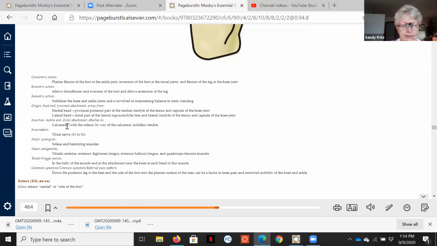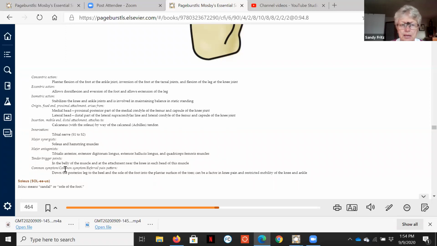So here's where they attach. Here's your innervation. So it takes a similar innervation as the hamstrings. And it says right here, it's a synergist to the soleus, which is primarily about plantar flexion, but also to the hamstrings. And it's an antagonist mostly to anterior tibialis, but also to the whole quadricep group.